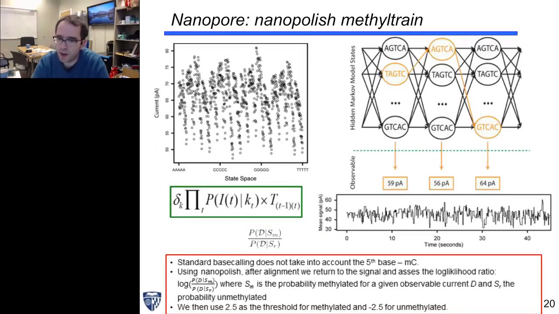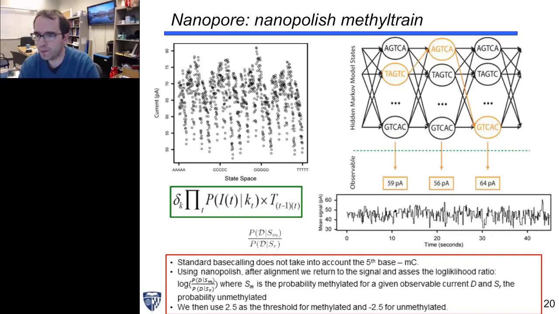We then applied what's called a hidden Markov model to try and distinguish what was happening here. Essentially, because the nanopore is reading multiple bases at a time, we start with, for example, TAGTC. The nanopore then allows the DNA to advance one base through.